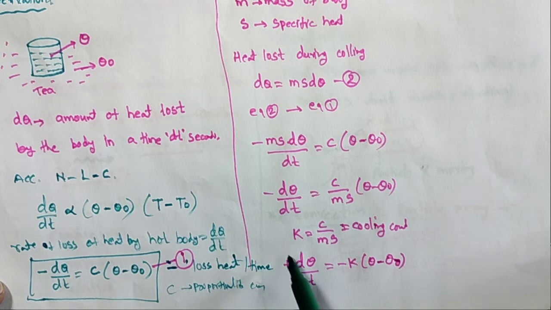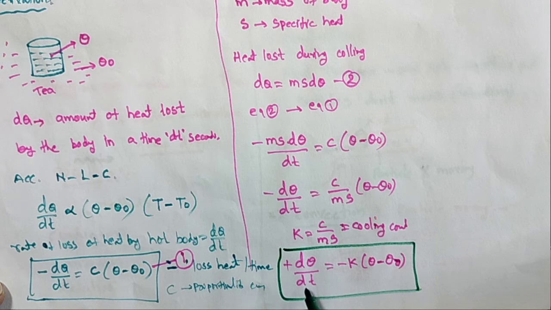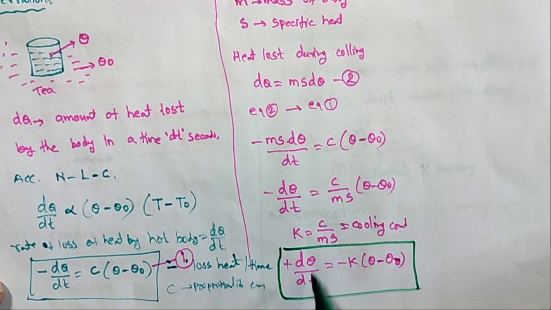This equation indicates the rate of loss of heat, the rate of cooling at a particular temperature with respect to time. So d theta by dt is equal to minus k into theta minus theta naught.